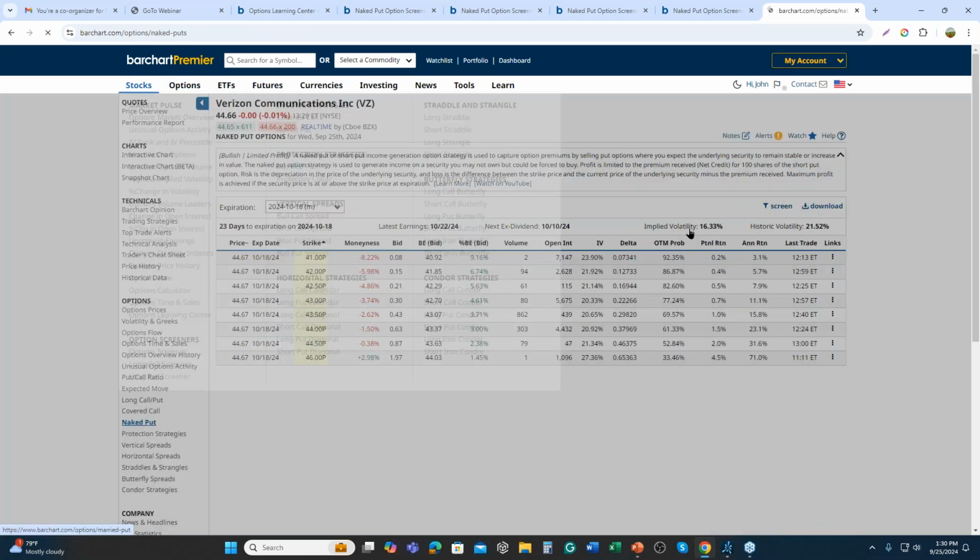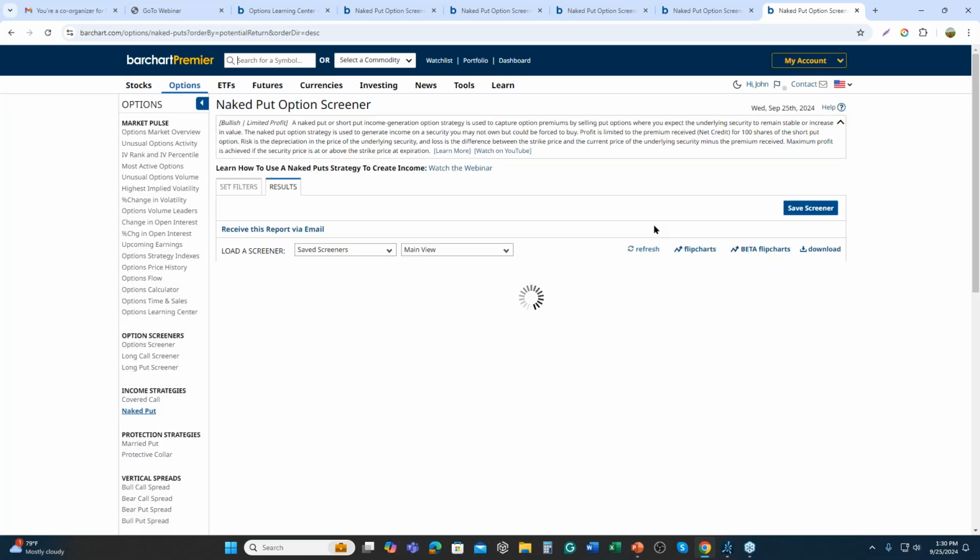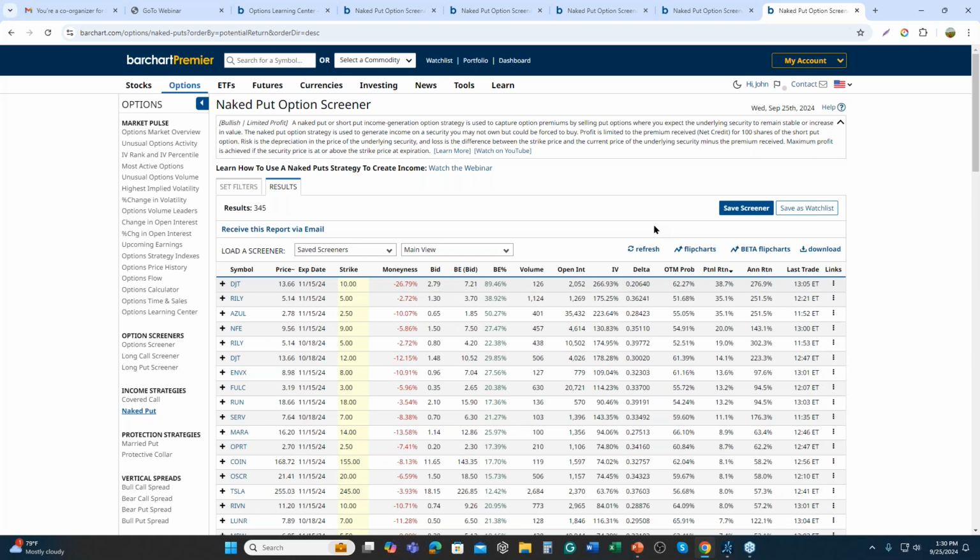Let's go back to naked puts. Okay. So before I enter into any trade, I want to determine where I am wrong, or in other words, where I might exit that trade. Now that could come from a lot of different potential inputs. First of all, is the stock price below where I'm willing to buy? Or is the stock price below, let's say, my break-even price?